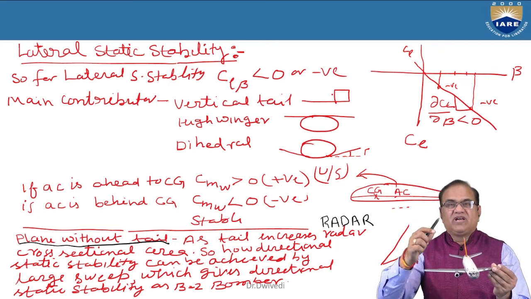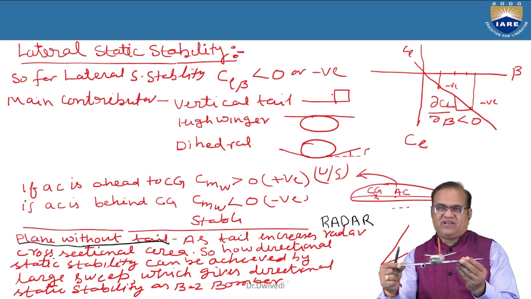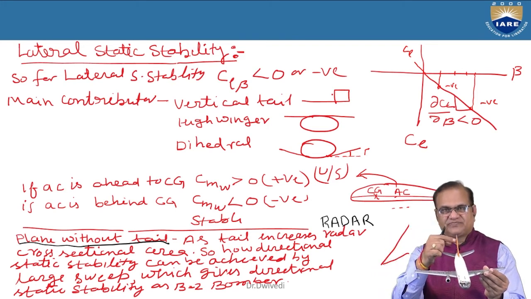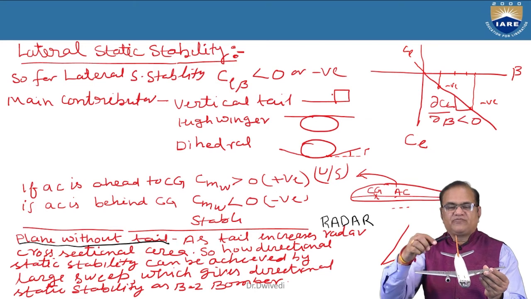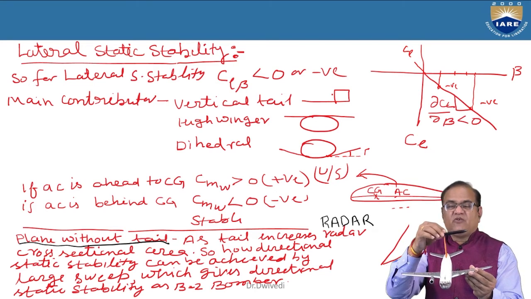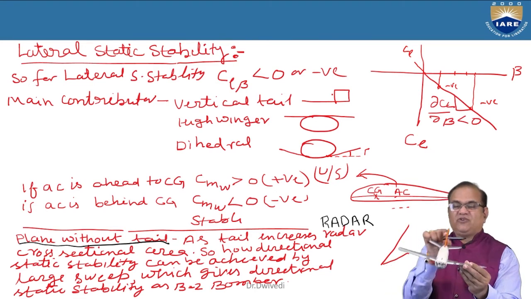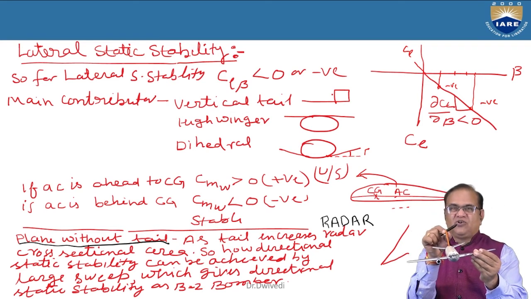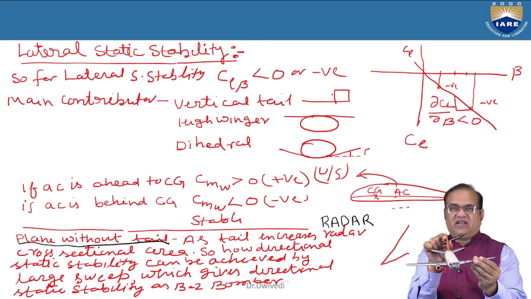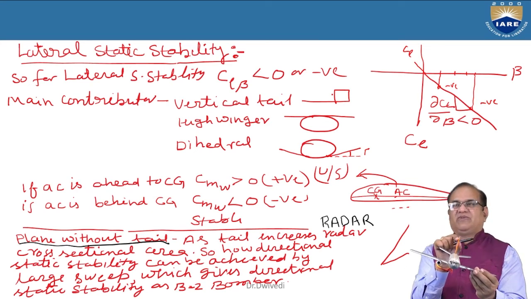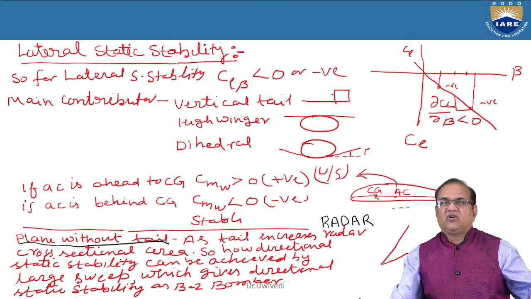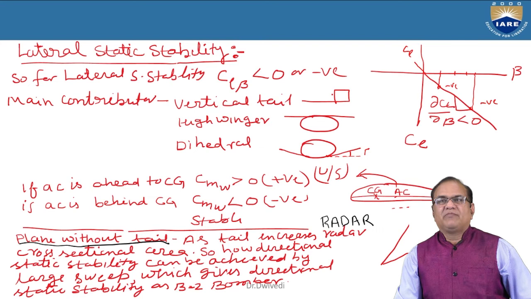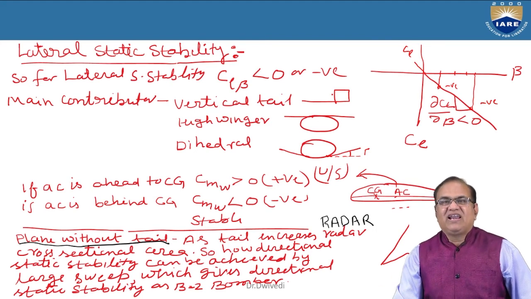This sideslip will also hit this fin, so a force will be generated, and it will try to make the aircraft level again. So if you are rolling the aircraft, this vertical fin will try to make the aircraft stable. So the vertical fin, high wing, and dihedral are the parameters by which you can make the aircraft laterally stable.